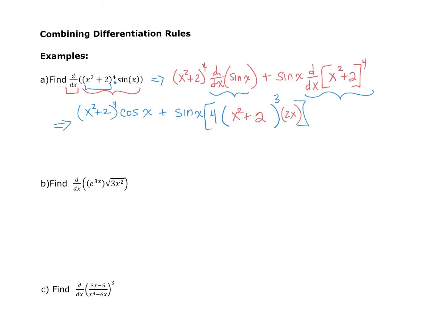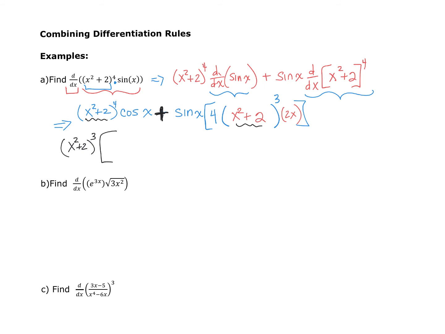So you may notice now that we have x squared plus 2. We really only have two terms separated by this plus sign. So I'm going to factor out x squared plus 2 cubed.